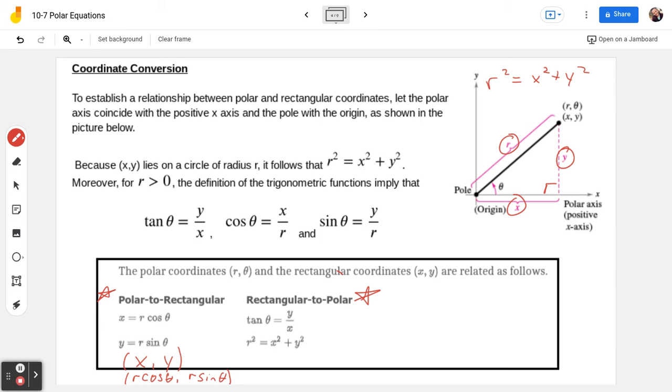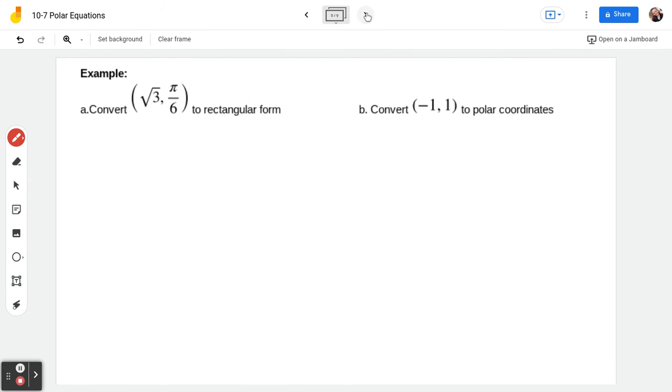To go from rectangular to polar is a little bit different. We can say that tangent of theta is equal to y over x, which relates y and x together. And we also know that r squared is equal to x squared plus y squared. So these conversion formulas are the important things we really need to know. All right, let's go ahead and practice because that will probably be the most helpful for us.